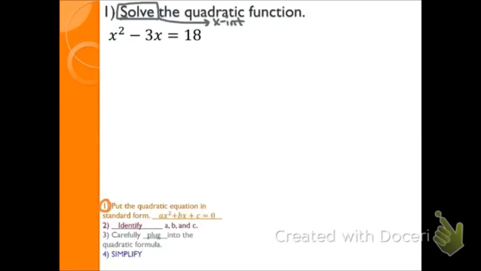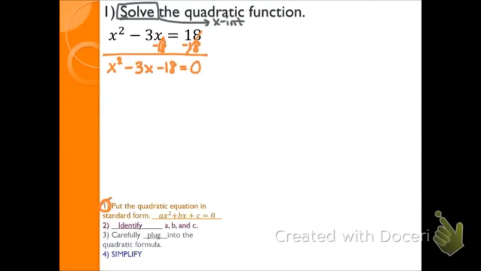So I'm going to make it equal to 0 by subtracting 18 from both sides. Once I do that, I get x squared minus 3x minus 18 equals 0. So that's step 1, and we have now completed that step.